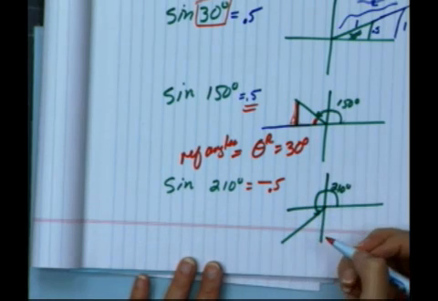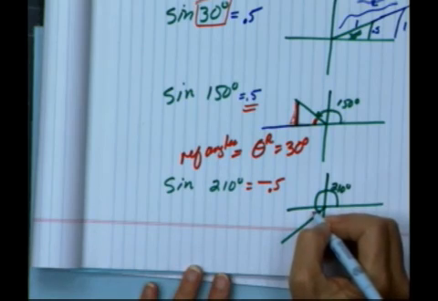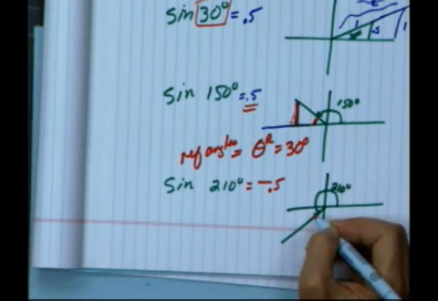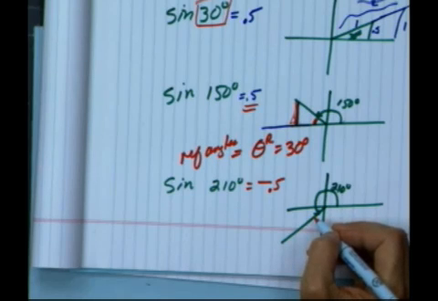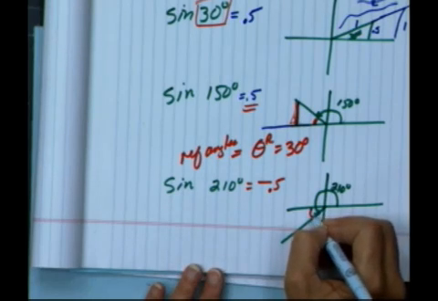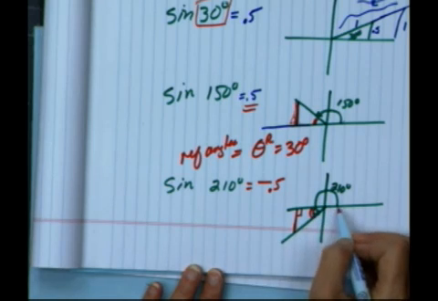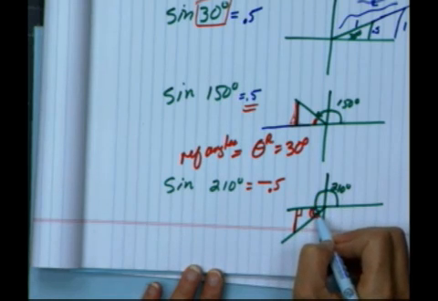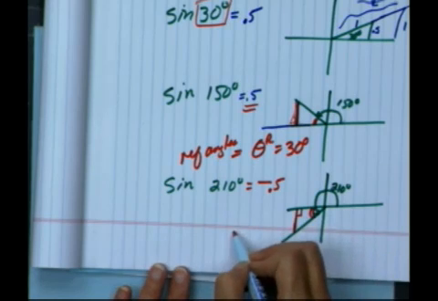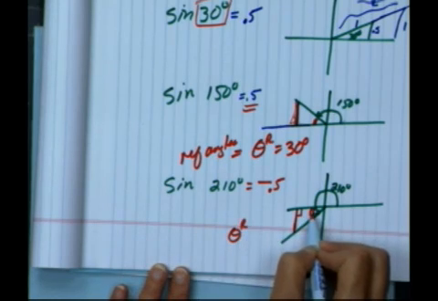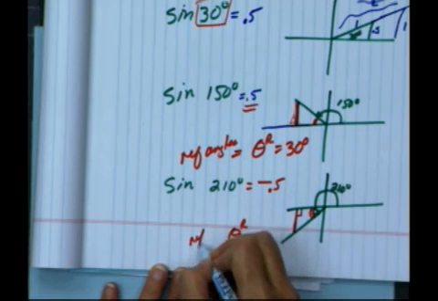So to help us identify what it is, we're going to come up with the reference angle, which is always with respect to which axis? X. And from that angle, I'm going to make a little reference triangle. So if this big angle is 210 degrees, what is going to be the measure of my little theta r right there, the reference angle?